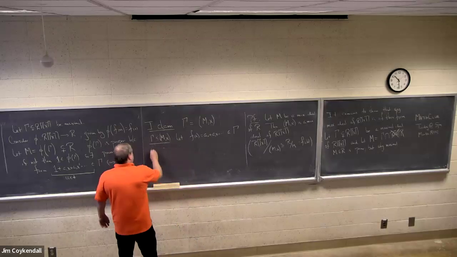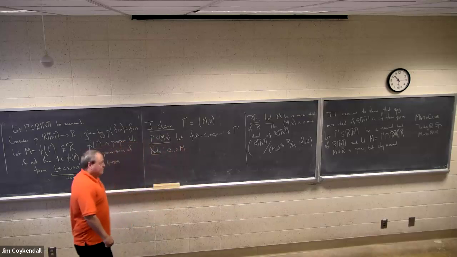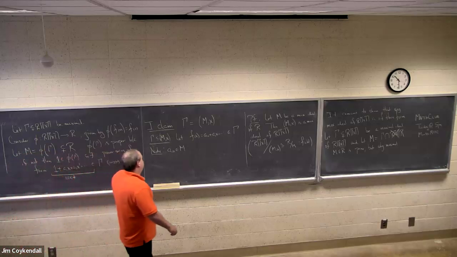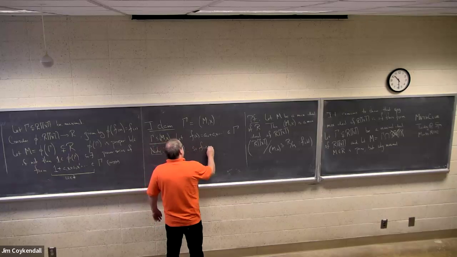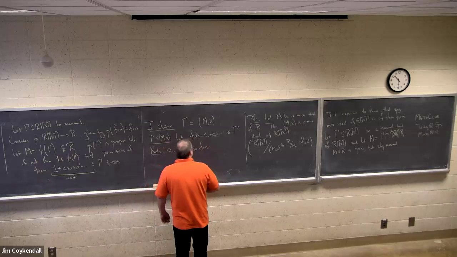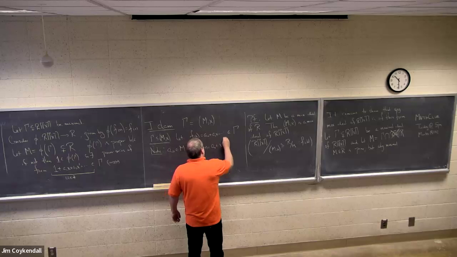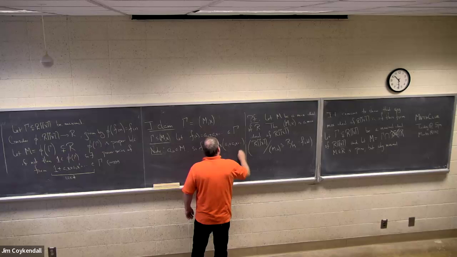Notice that A0 is in M by the definition of M. So f of x is equal to A0 plus x times (A1 plus A2x plus and so on).